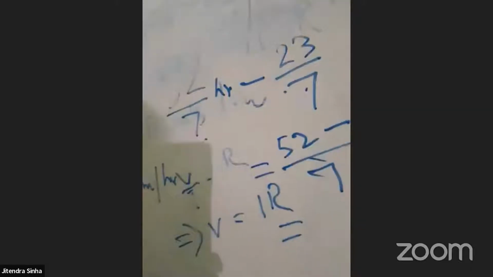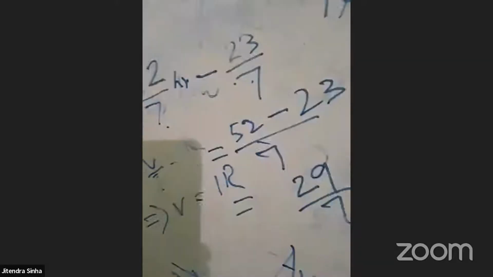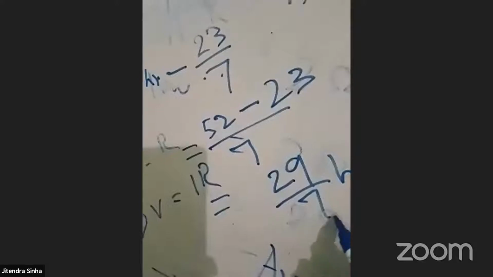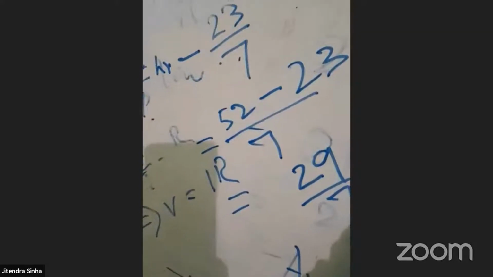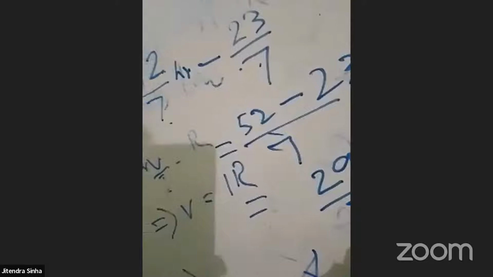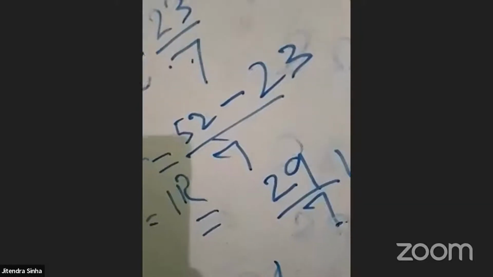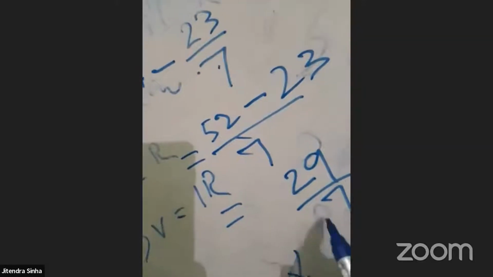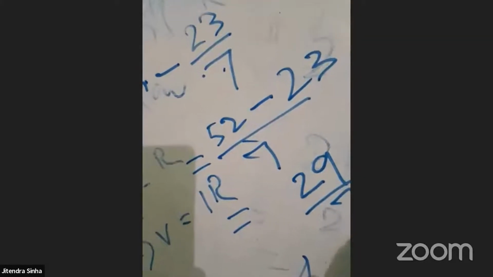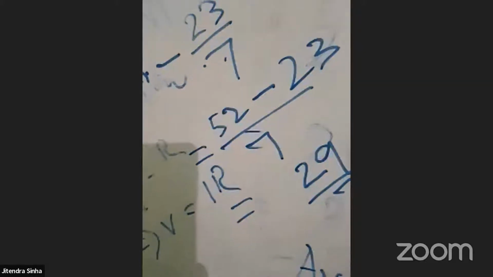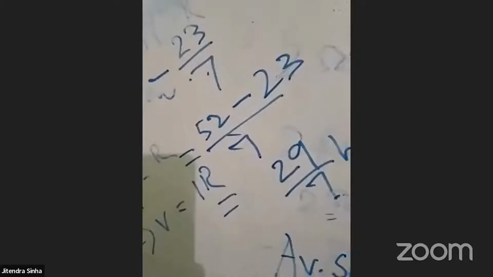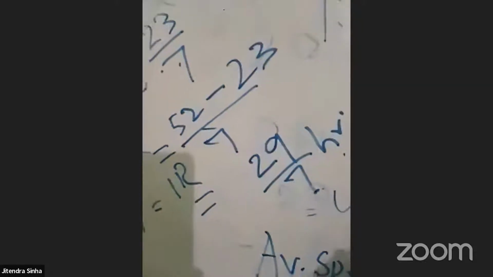Difference आप देख लो, 52/7 hours minus 23/7 hours, and you are getting the time 29/7 hours, ठीक है। तो 29/7 hours को जब फ्रैक्शन में लेकर आओगे तो कितना आएगा? 7 4 जा 28, so near about 4 hours and 1/7. 1/7 hours you are getting the answer.